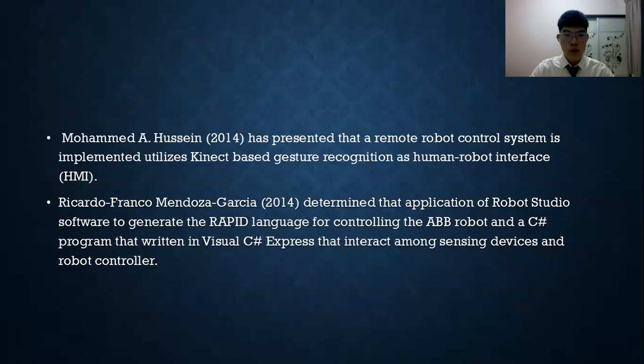The last one is Ricardo Francisco Mendoza Casha 2014, who determined the application of Robot Studio software to generate the Rapid language for controlling the ABB robot, and a C# program written in Visual C# Express so it can interact among the sensing device and robot controller.